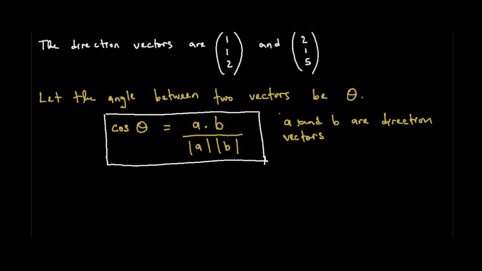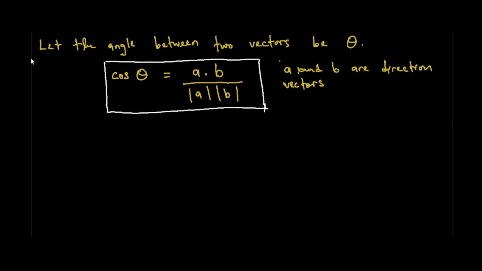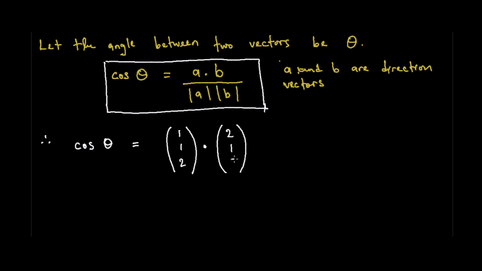So therefore the cos of theta, because theta we defined as the angle between the two vectors, is equal to a dot b. The direction vectors are (1, 1, 2) and (2, 1, 5).